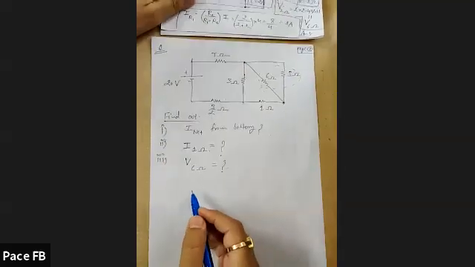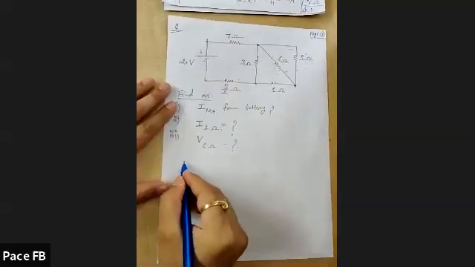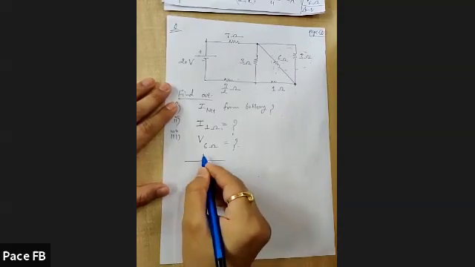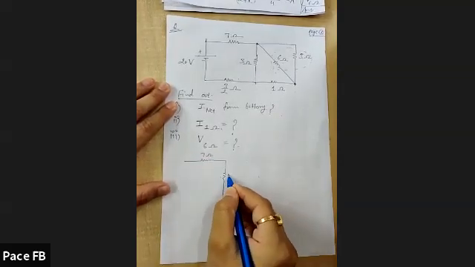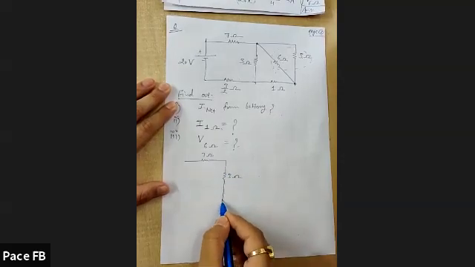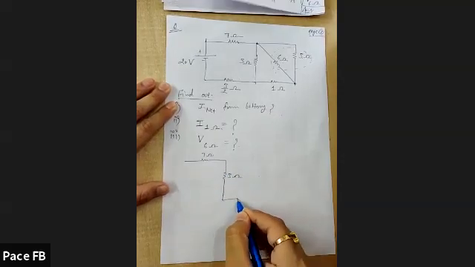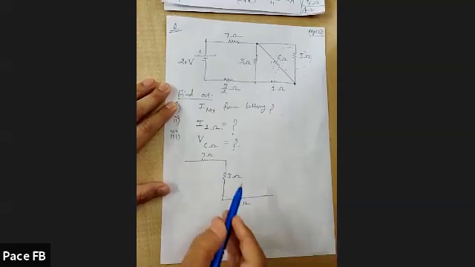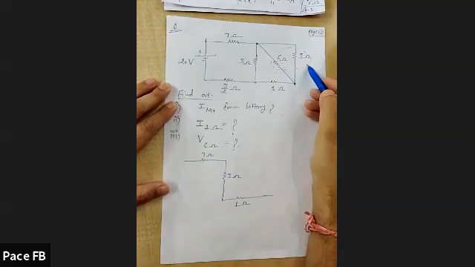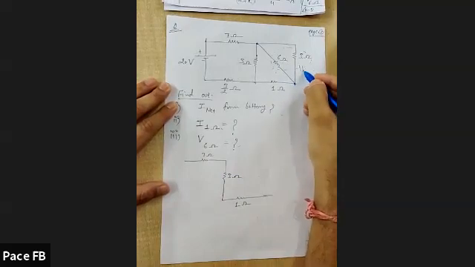So now the circuit will become this. There is one 7 ohm, then there's one 3 ohm, and there is 1 ohm. So if these two are in parallel, what would be the R equivalent for these two?